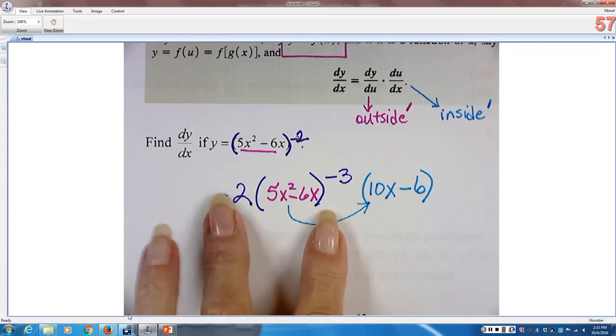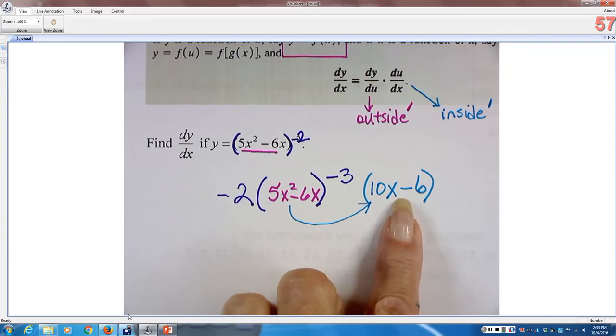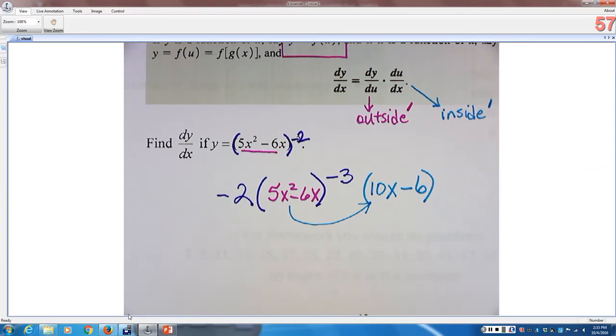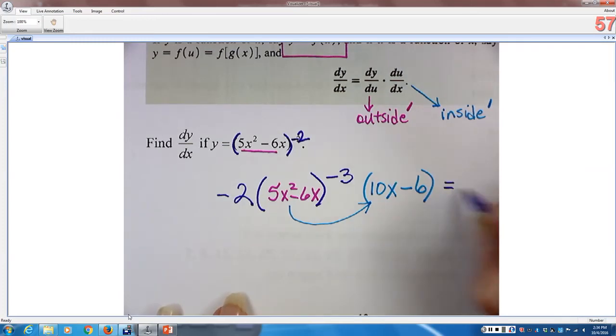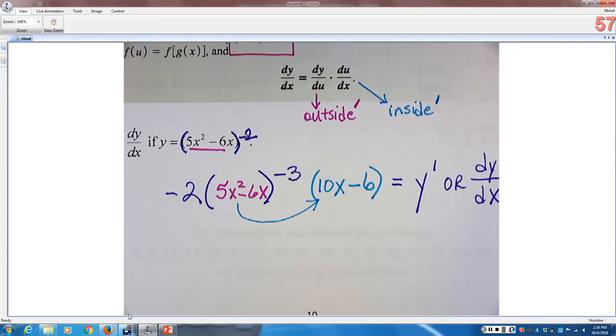Take the derivative of the outside, then take the derivative of the inside. We're done. There's nothing more to do. And that's equal to y prime or dy over dx.